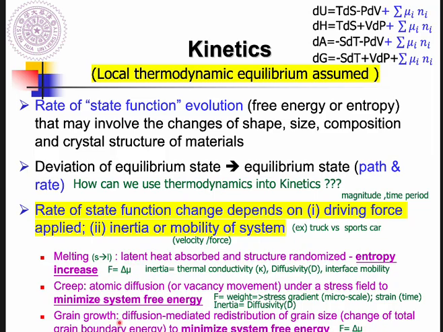Why? Because if you have polycrystalline materials, you have grains and grain boundaries. The chemical potential energy of the grain boundary is much higher than that of the grain. So if you have more grain boundary, the total system energy is higher, so the system tends to minimize the proportion of grain boundary.